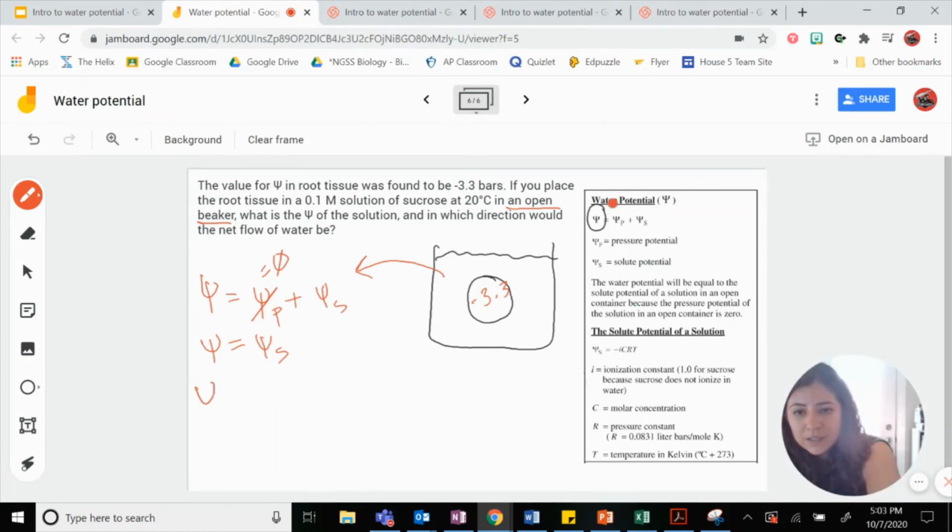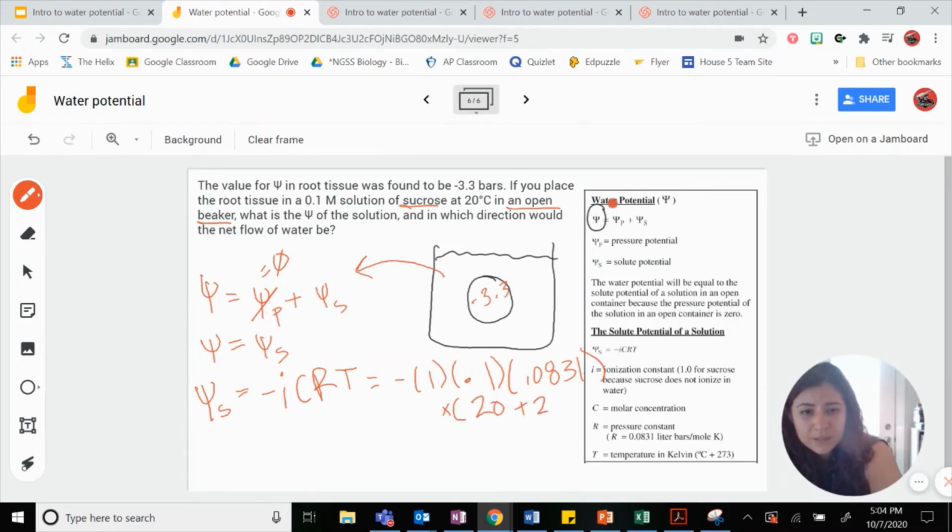So solute potential is negative ICRT. So let's just go ahead and plug all that in there. It's sucrose, so I is going to be equal to 1. Negative 1. And the concentration is 0.1 and 0.0831 times 20 plus 273.